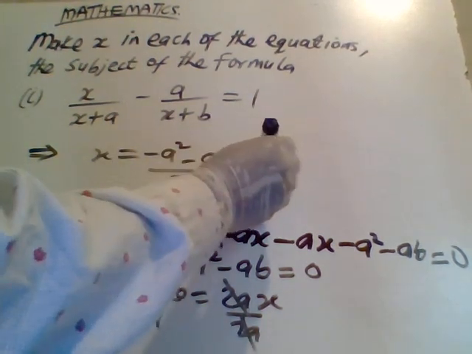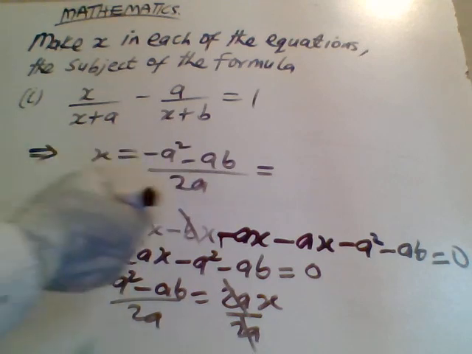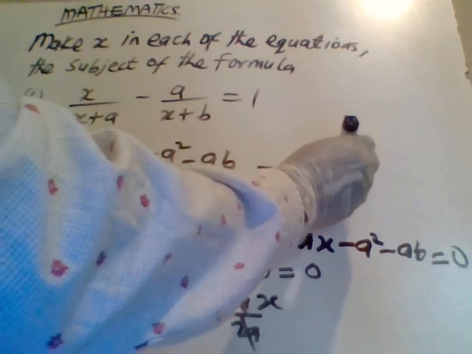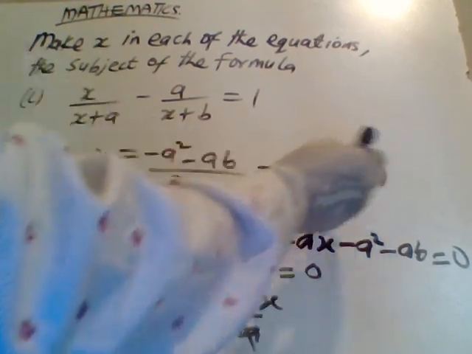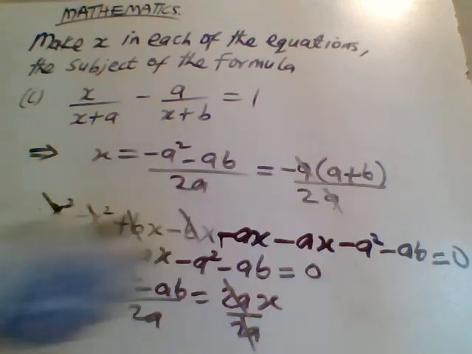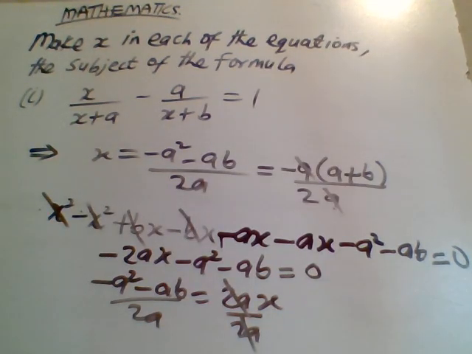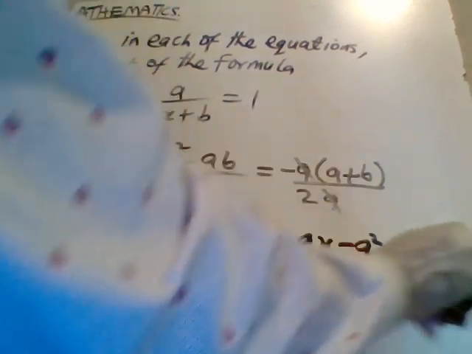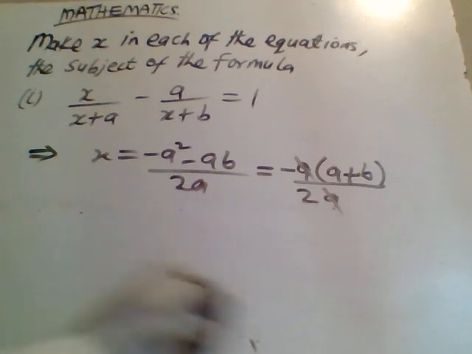Look at the numerator and factor out minus a, which is common to both terms. We have minus a in bracket a plus b, divided by 2a. There's a here and a here, so it cancels out.